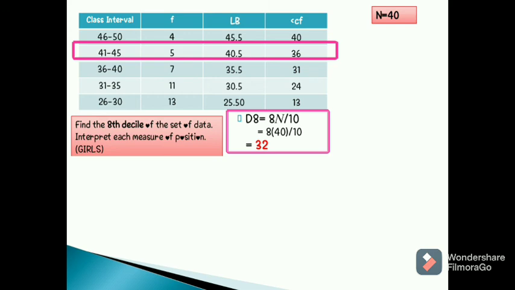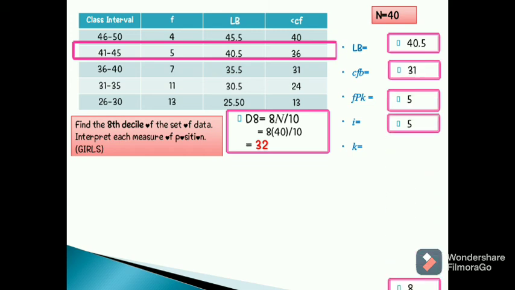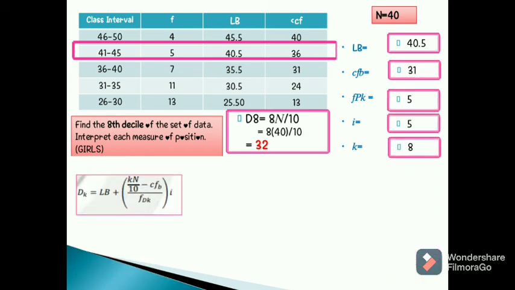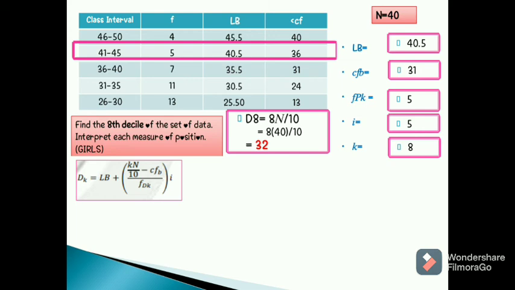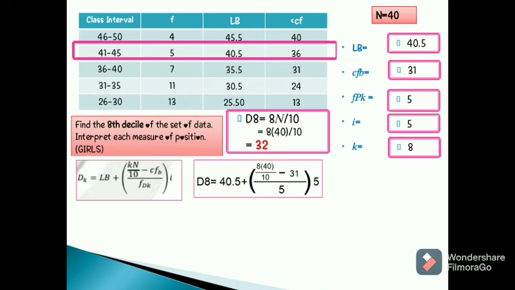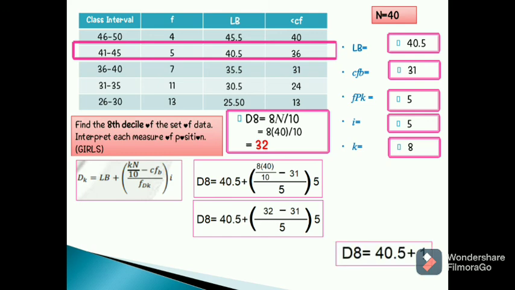So this is the fourth class, and we have our data to substitute for our formula. And the formula for decile is here. So let's substitute our data to our formula, and let's go for the step-by-step process, and we will get the answer.